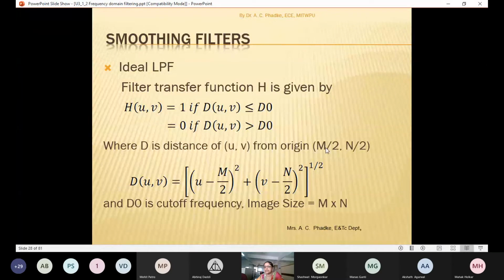So we consider the center as the origin, M/2, N/2, assuming image size as M by N. Okay, so this D(u,v) represents the distance from the origin in the transform domain.